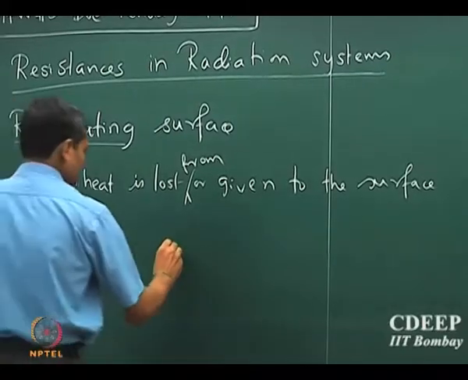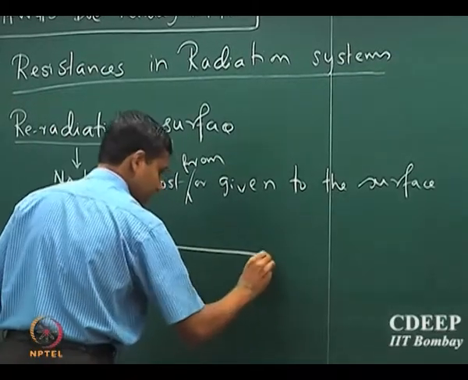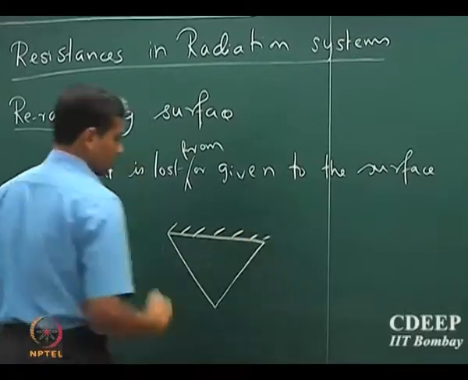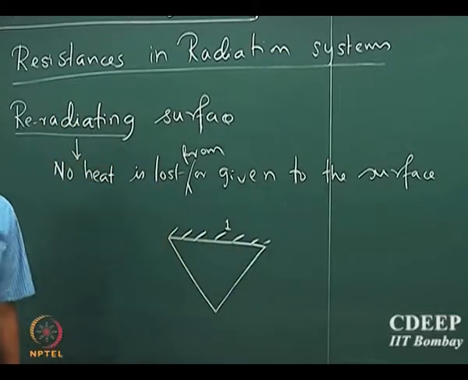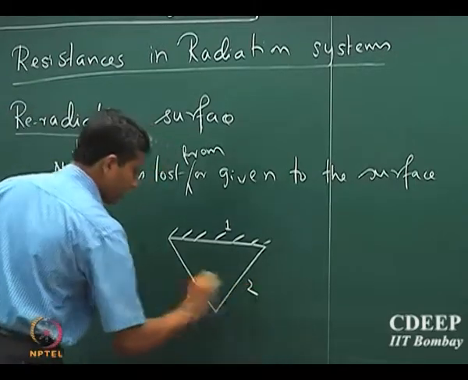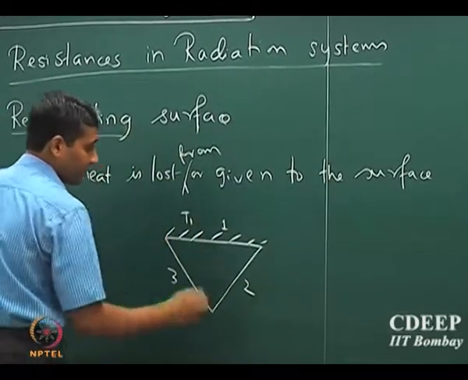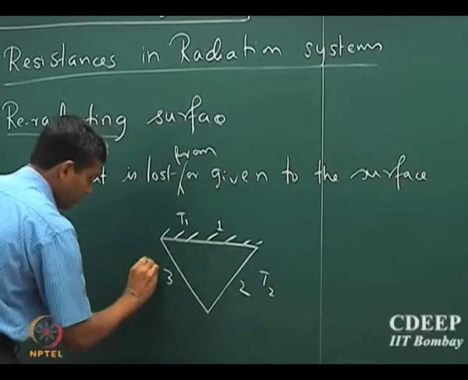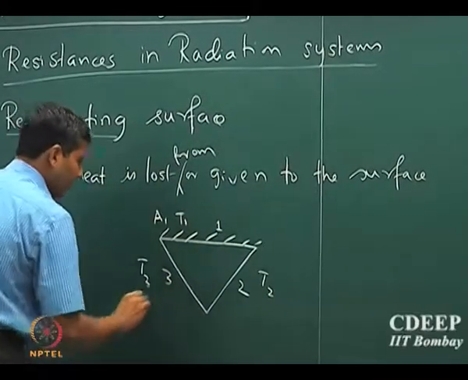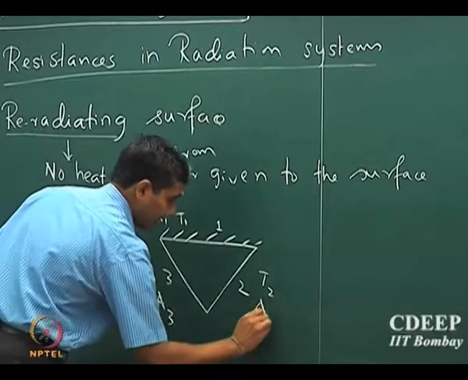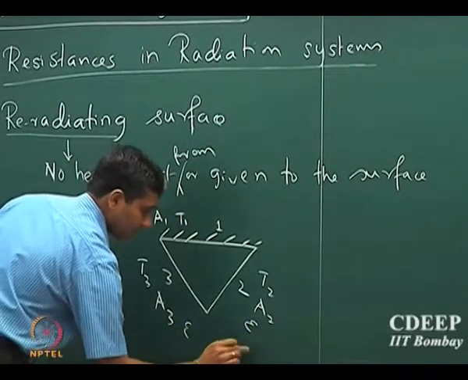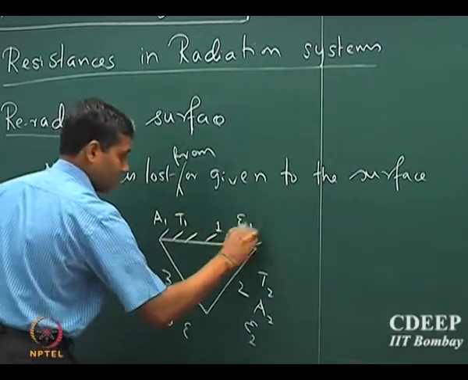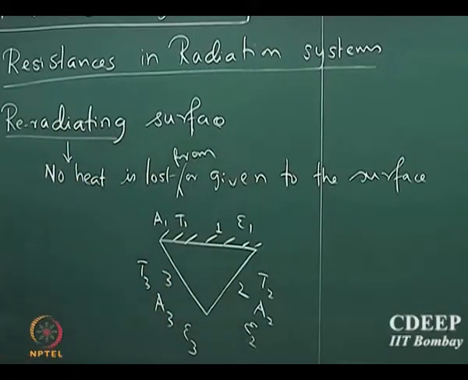Okay. So, suppose surface 1 is the re-radiating surface, which is basically adiabatic, and I have surface 2 and surface 3, and I specify the temperatures T1, T2, T3, the areas A1, A2 and A3, and the emissivities epsilon 1, epsilon 2 and epsilon 3.